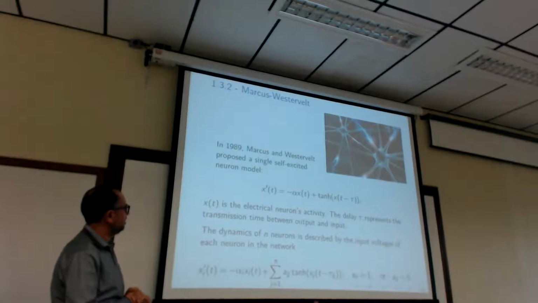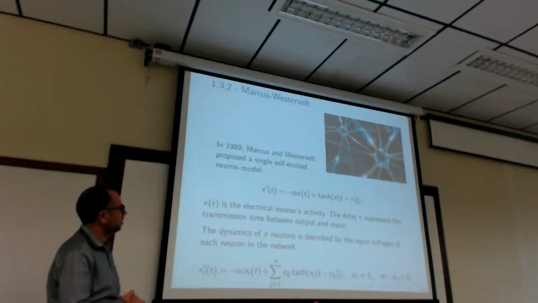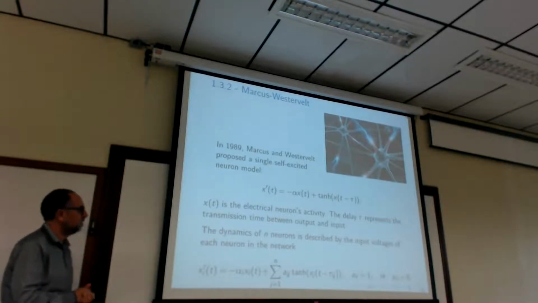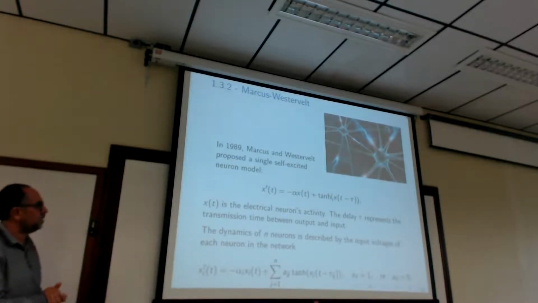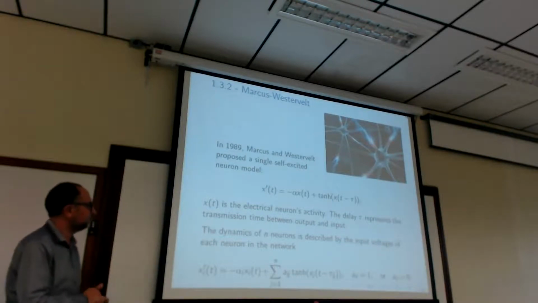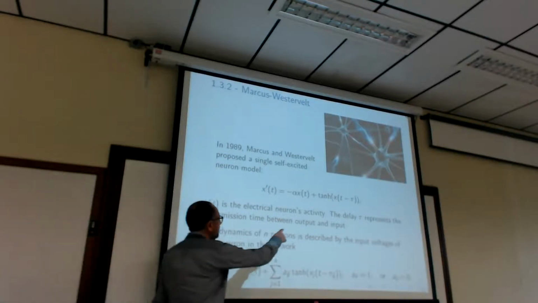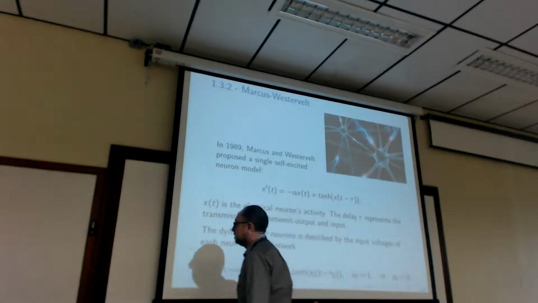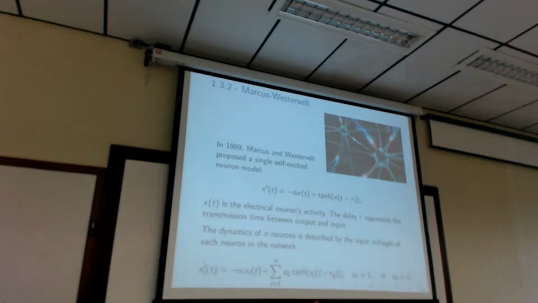X of t is the electrical neuron activity, and the delay here represents the delay of transmission between output and input. This function is the hyperbolic tangent function. It's defined like this, between -1 and 1.